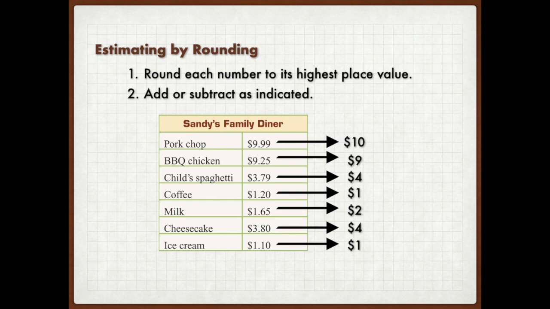If I say, let's be more exact than $10, more exact than $9 from the original amount, I'm still going to round, but I'm going to focus on the next place. So what I would have is $9.90. I would underline that 90 cents, and I would look at the 9 cents in the 99 cents, and I would round that up to $9.99.